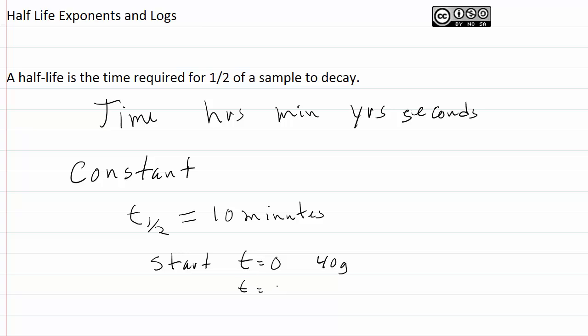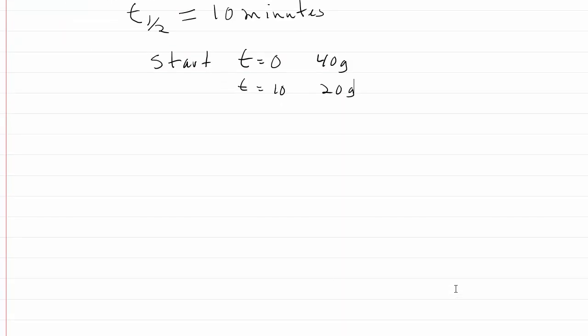When T equals 10 minutes, we will have 20 grams remaining. When T equals 20, then we'll only have 10 grams remaining. Okay? And when T equals 30, we'll have 5 grams remaining. So every half-life, every 10 minutes, 1/2 the sample decays, which means how much you started with dictates how much you have remaining after a period of time.